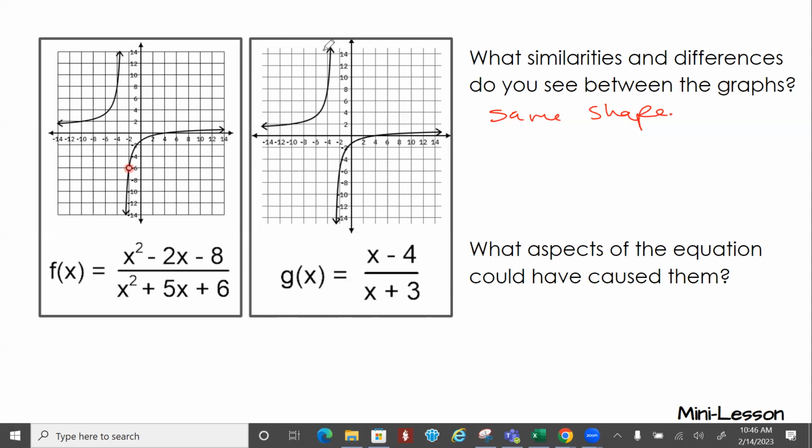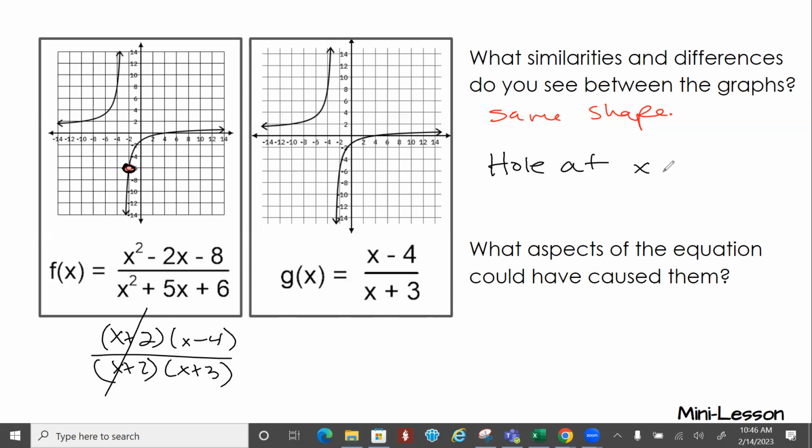Okay, and the reason why there is a difference is, you remember when we factored this first one, we got x plus 2 times x minus 4, and then x plus 2 times x plus 3, and then what did we do? We removed the x plus 2. Well, what's x plus 2 in graph form? -2, right? Well, look at where this hole is at: -2. Okay, so there's a hole at x equals -2 for f of x.